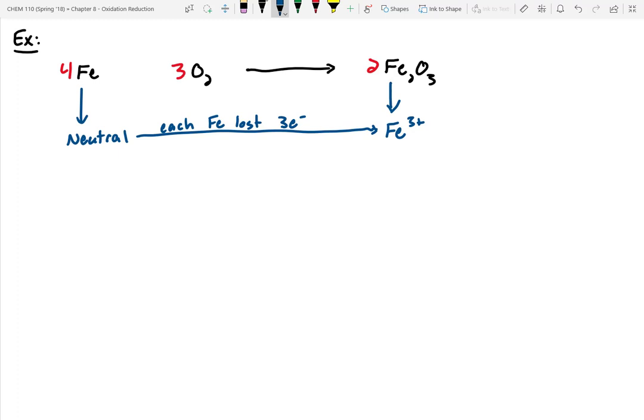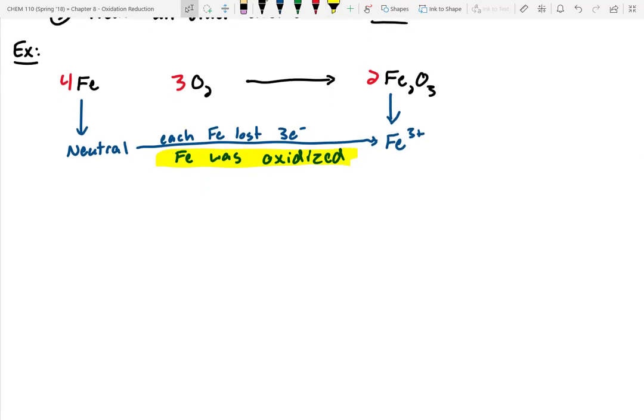Oxidized, right? Oxidation is loss, for OIL RIG. So iron was oxidized. I like to pencil it out this way and then just circle or highlight my items being oxidized or reduced. All right, let's do the same thing with oxygen really quick.